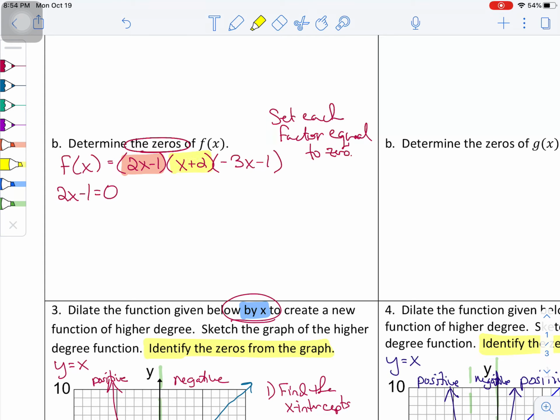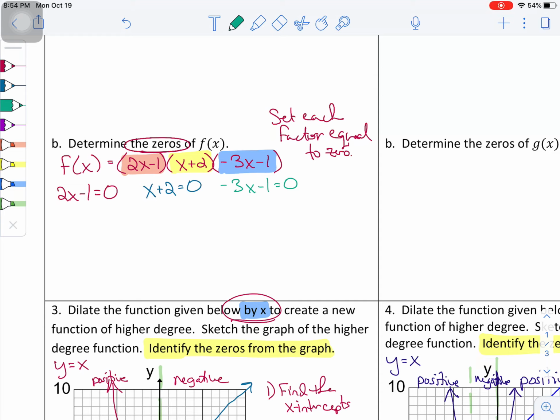Separately, I am going to take x plus 2, make a little equation with it. That's our next factor, x plus 2, set it equal to 0. And the last one here is negative 3x minus 1. And I am going to take that factor, set it equal to 0, and solve.